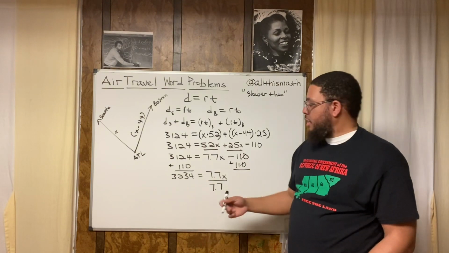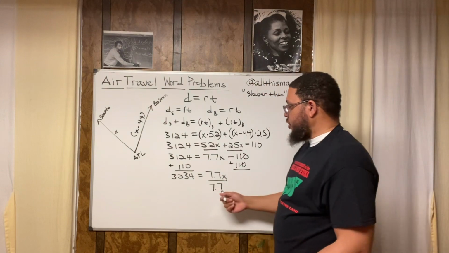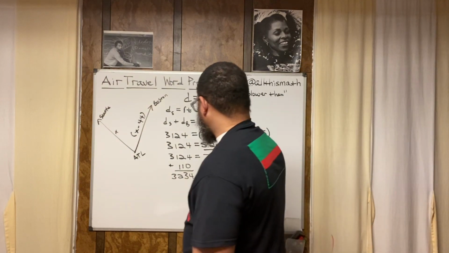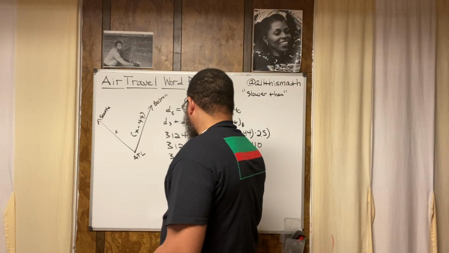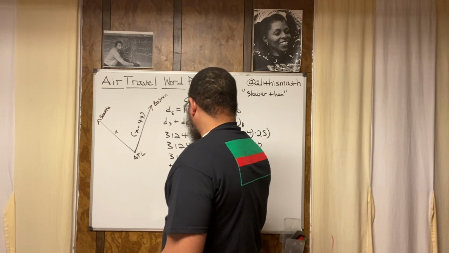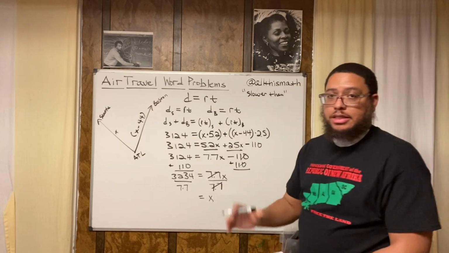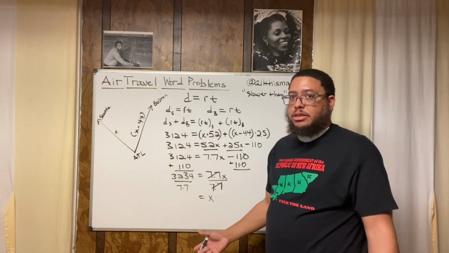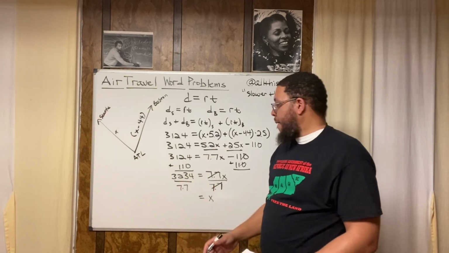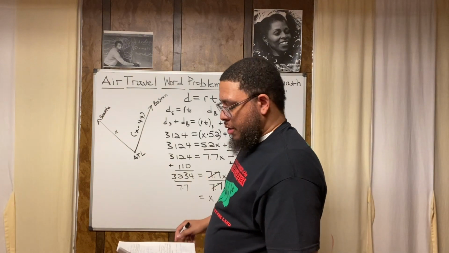That's multiplication, so the opposite of multiplication is what we do to get rid of the 7.7. Cancel that out, and we're left with just 1x, which is the same thing as just x. Put that in your calculator.